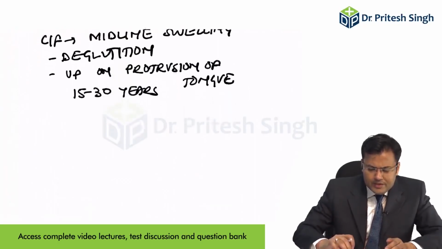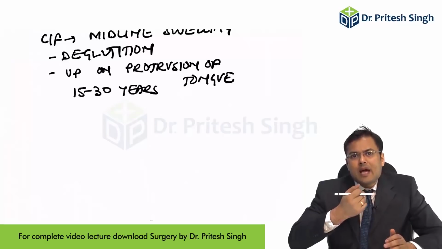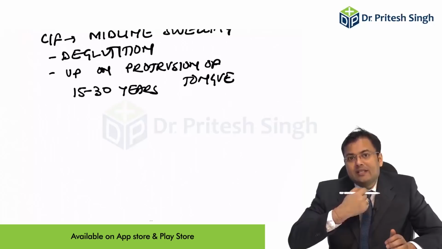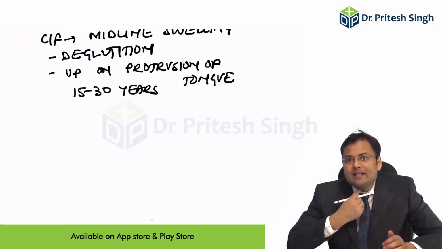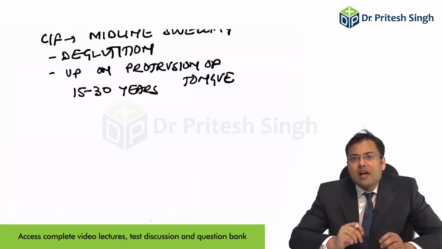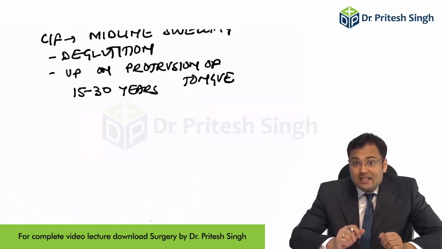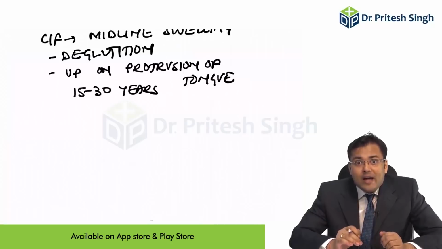Now see the complications. What is going to happen in this thyroglossal cyst? Sometimes there is infection. Because of this infection, there is abscess. And if incision and drainage is performed, it can lead to thyroglossal fistula. Be careful. Thyroglossal cyst is congenital, but thyroglossal fistula is acquired.